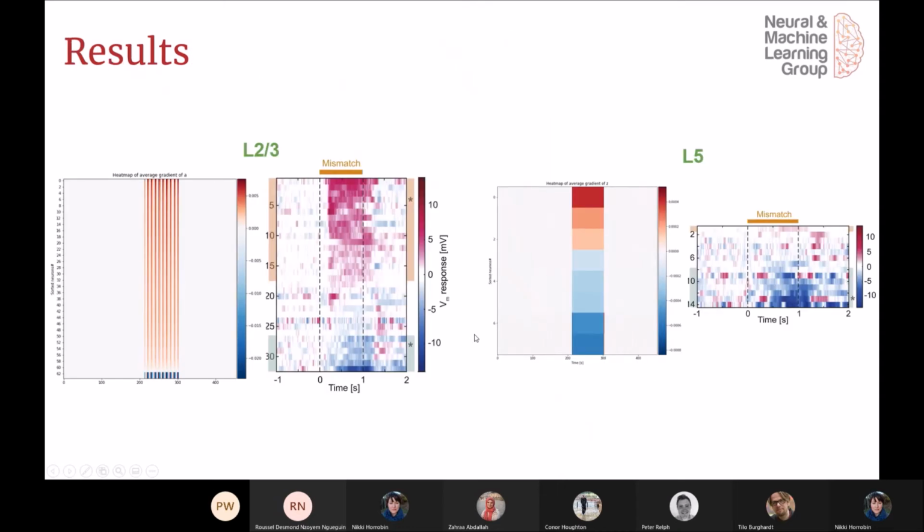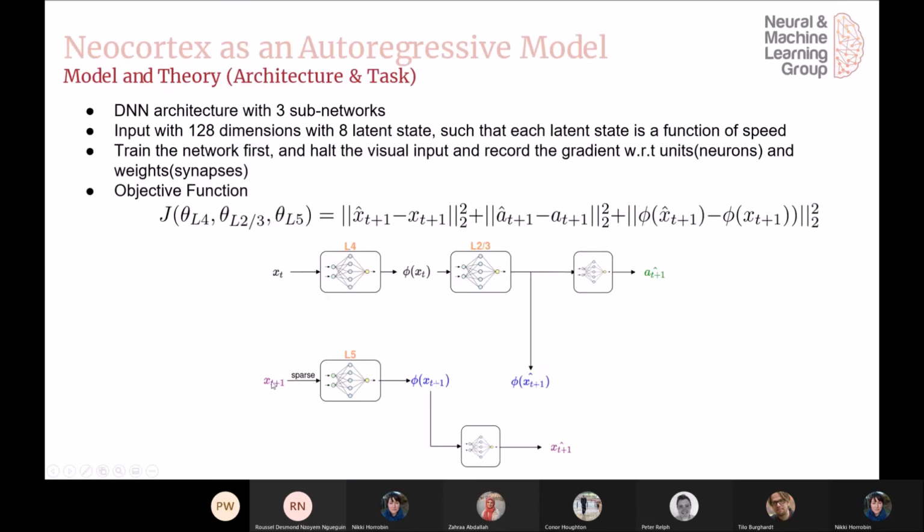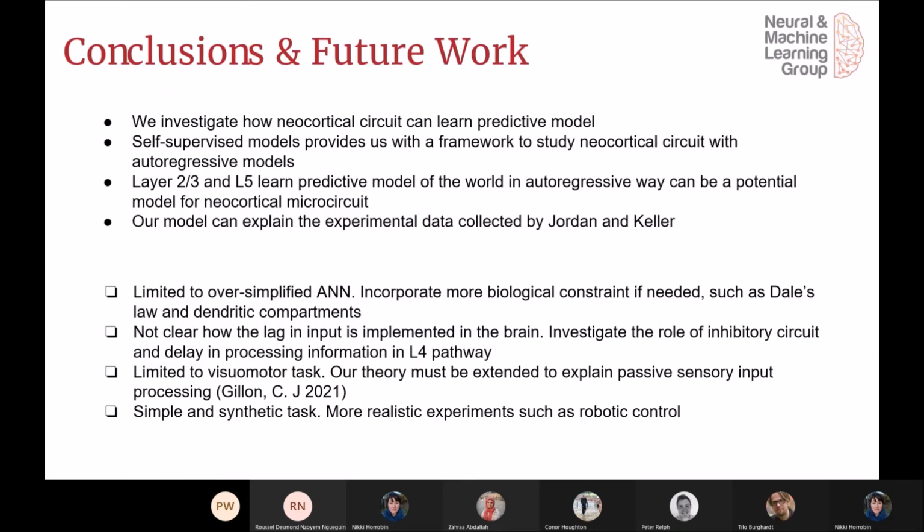If you remember, I'm passing xt+1 here and xt here, but you receive input at the same time, so how is this lag implemented in the brain? We have some idea, but we need to investigate it rigorously. We think the inhibitory circuits within this cortical column can implement that, and you can also get this lag of processing from layer 4 to layer 3, which could explain it.